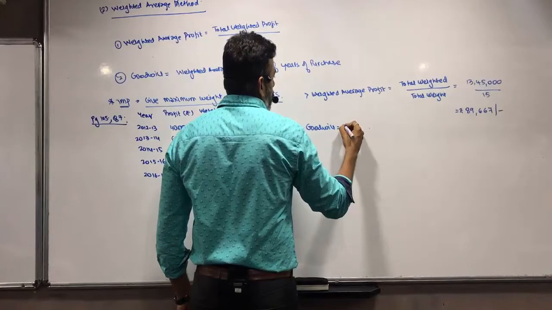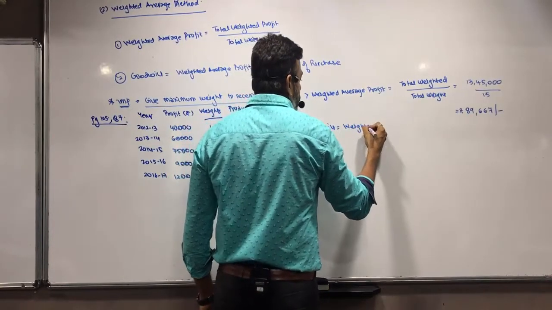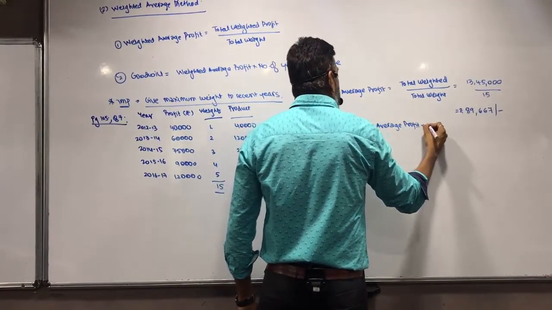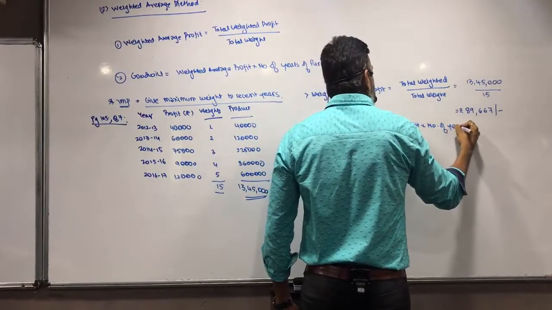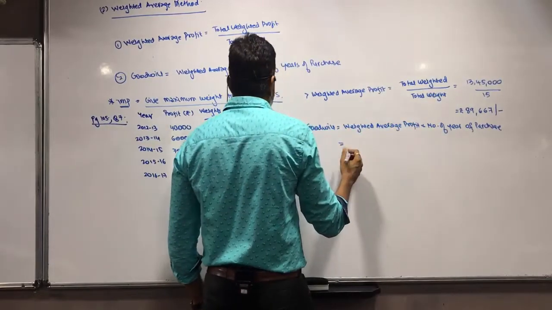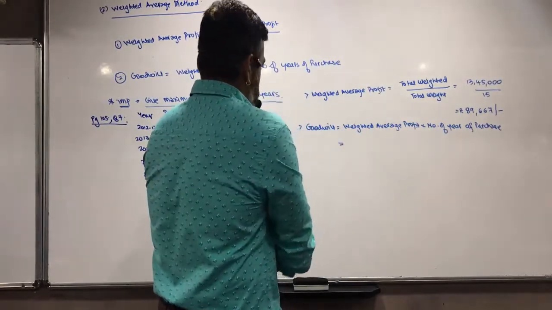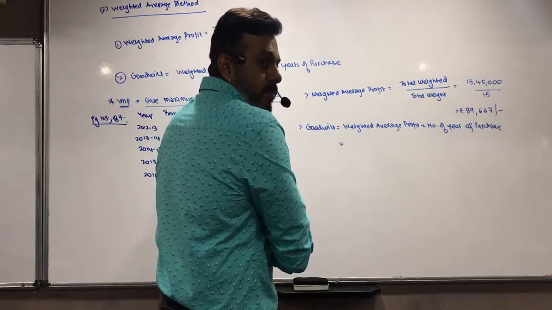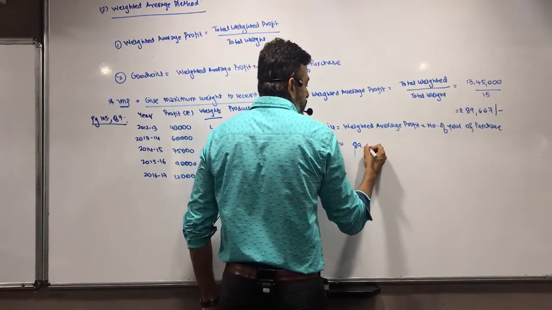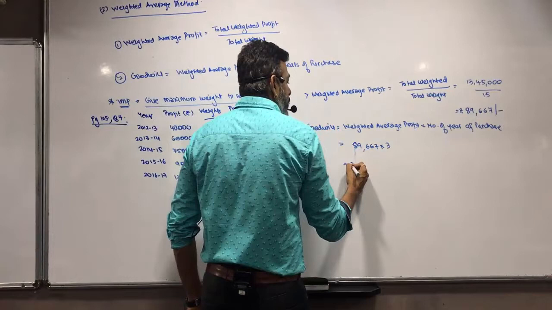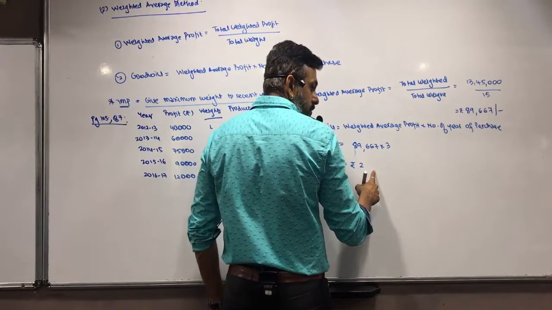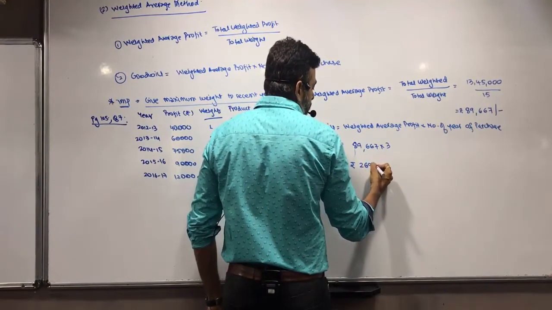is equal to weighted average profit into number of years of purchase equal to 89,667 into 3. 2 lakh 69,001.